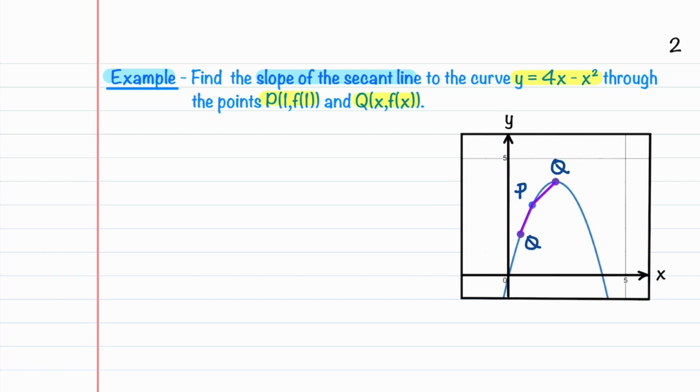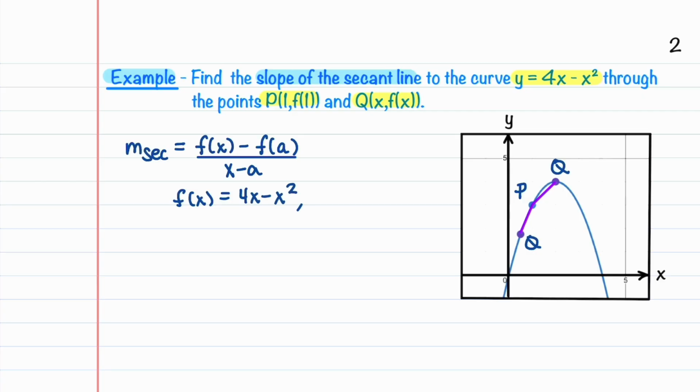The formula for the slope of a secant line is m sub sec is equal to f of x minus f of a, all divided by x minus a. Now let's go ahead and plug in that f of x is 4x minus x squared, and a is the x value where our point P is located, and that is at 1.